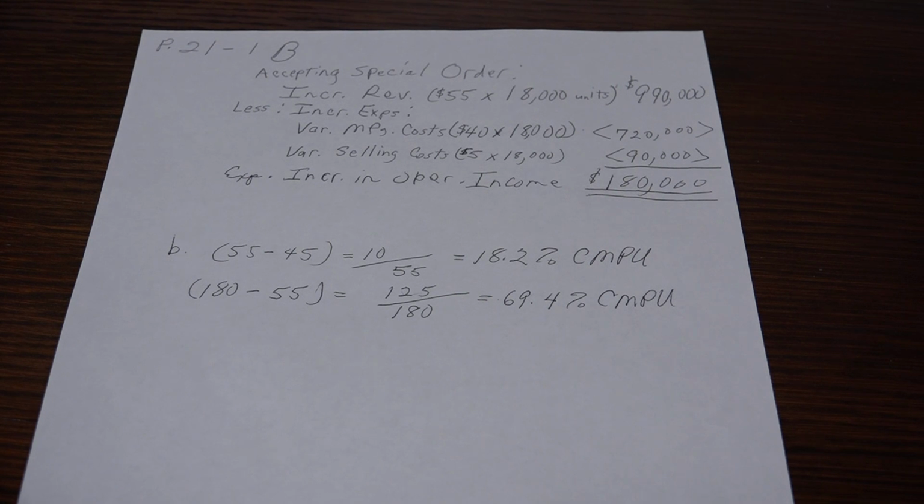What might the special order do? Let's think about some positive things, because mostly we've been talking about negative things of this special order. There are a few positives, not many. Certainly you have an increase in operating income of $180,000. What happens if you have a decrease in the regular orders, not caused by this special order?